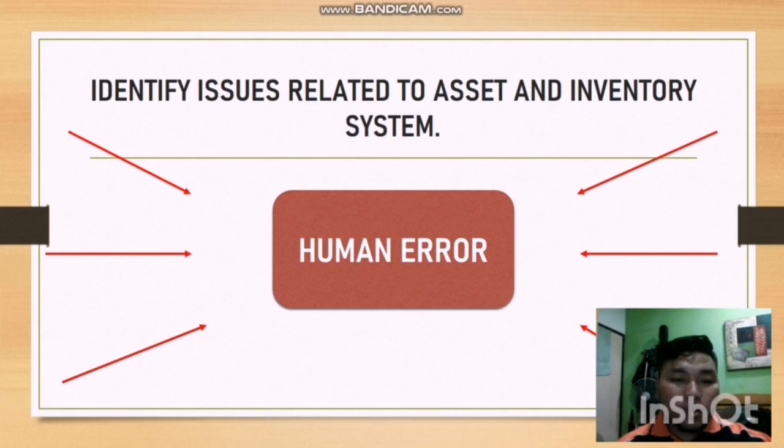The main issue that the batteryco.com company has is human error. Human error refers to individuals or groups making errors, oversights or blunders when executing duties.